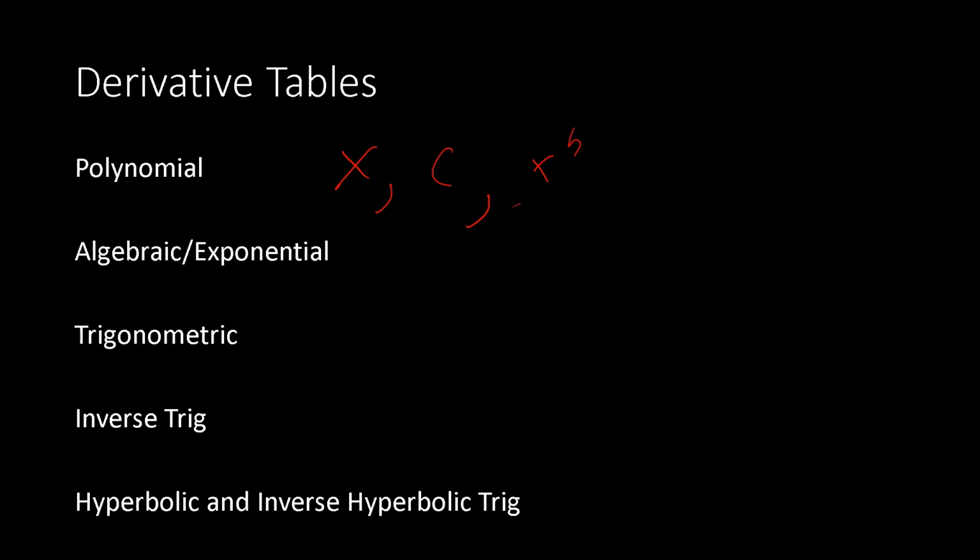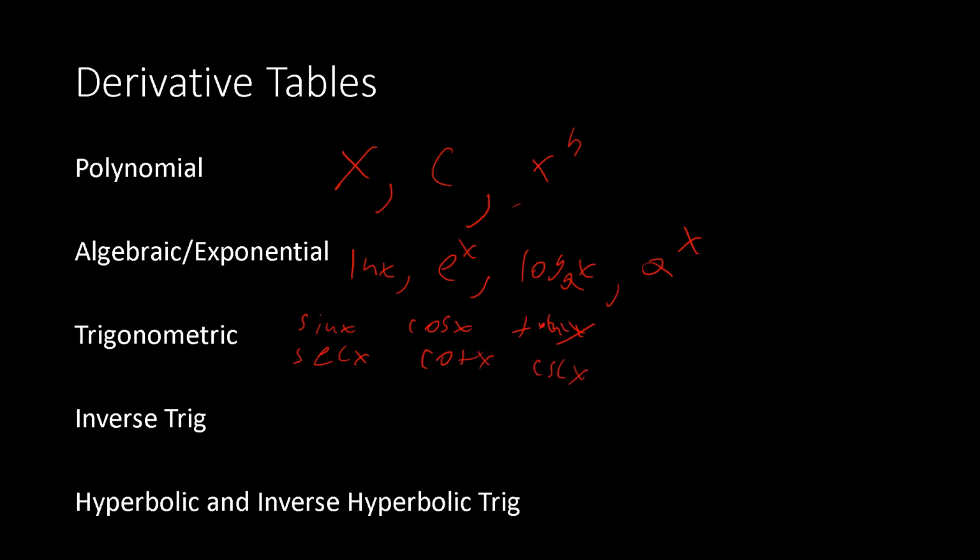Then we have algebraic and exponential stuff, like ln x, e to the x, log x, log base a of x, and a to the x, where again a is just some arbitrary base, which is a number greater than 0. Trigonometric, so this is your 6 basic trigonometric functions: sine, cosine, tangent, secant, cotangent, and cosecant.